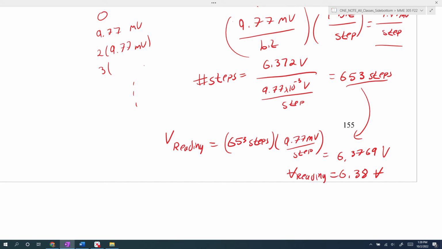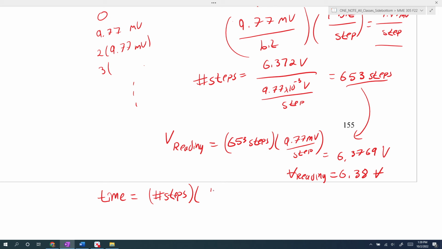The second part is how long the conversion process will take. For the conversion process, we take the number of steps and divide by the clock rate.